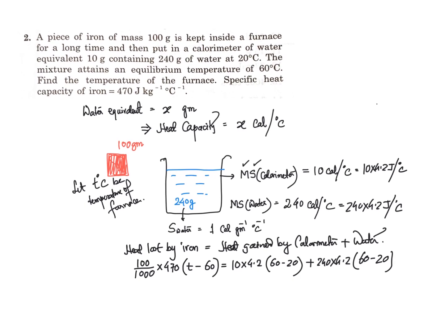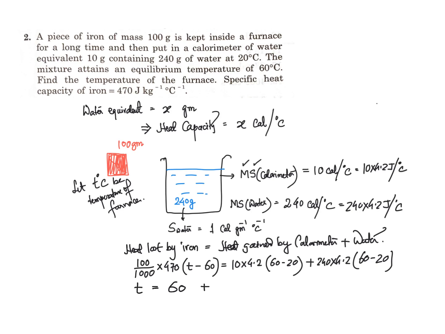Now calculate. What is T equal to? T is equal to 60 plus 1 by 47 times 10 into 4.2, that is 42 into 40, plus 24 into 42 into 20.